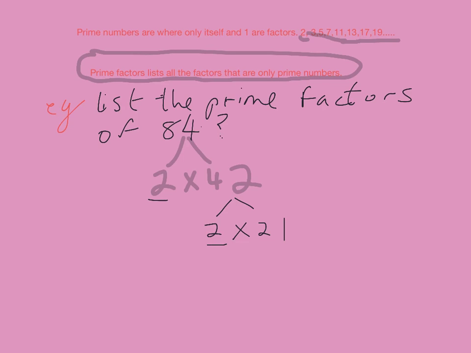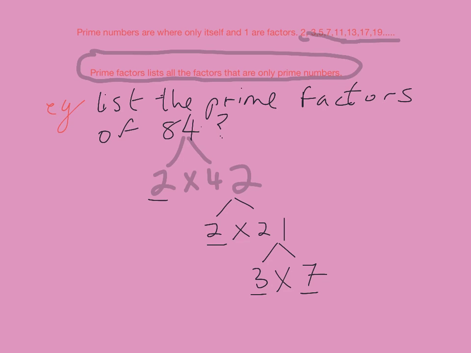Now 2 is a prime number, so that's fine, but 21 is not a prime number because 21 by 1 and 7 by 3 give you 21. So I'll have to split up 21 again. So 3 by 7 gives me 21, and 3 is prime and 7 is prime.